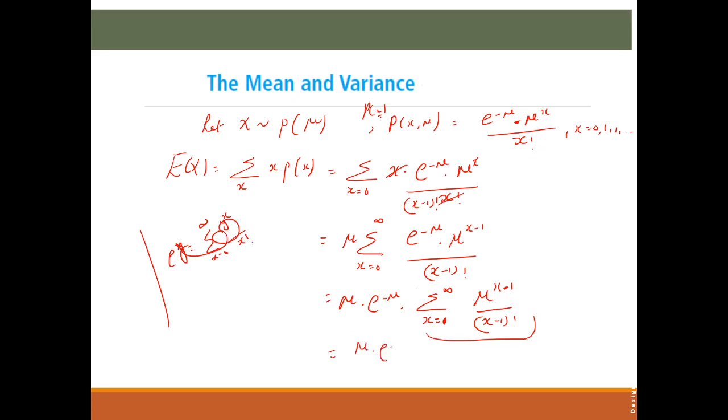So mu into e raised to minus mu into e raised to mu, and e raised to minus mu into e raised to mu is 1. So the answer is mu. Therefore the mean of a Poisson random variable is mu itself.